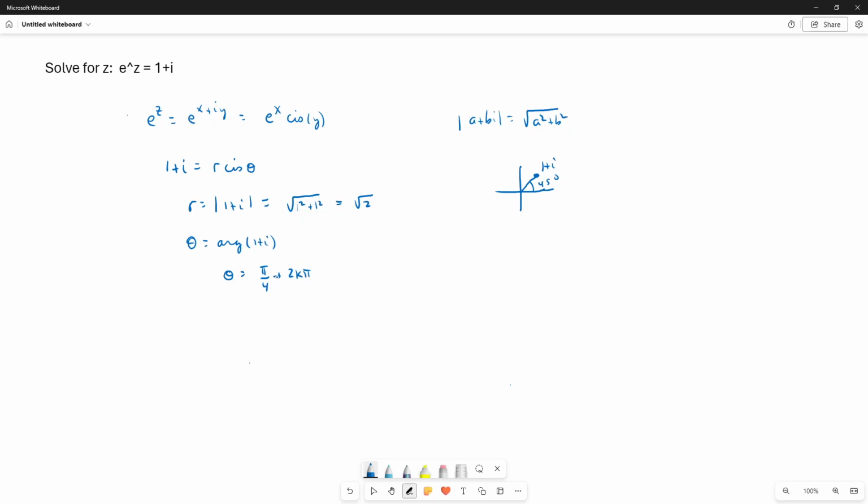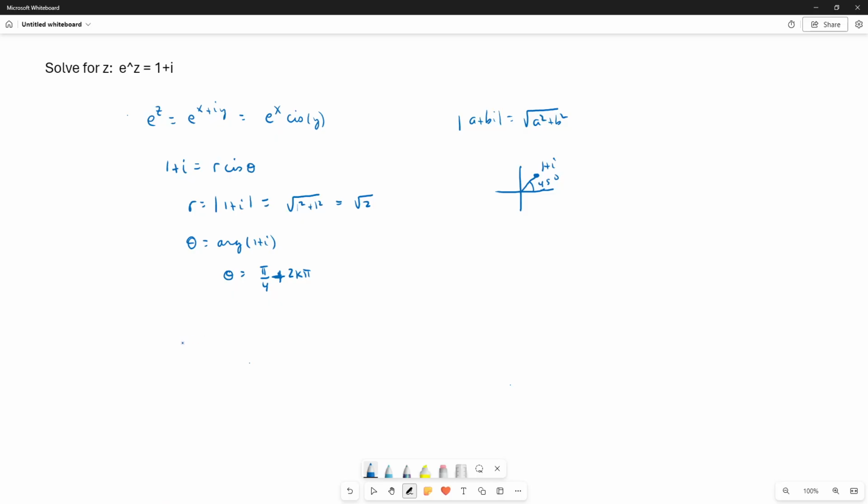There are infinitely many arguments for any complex number, except for 0, which has no arguments. So infinitely many angles are coterminal with this 45 degree angle.